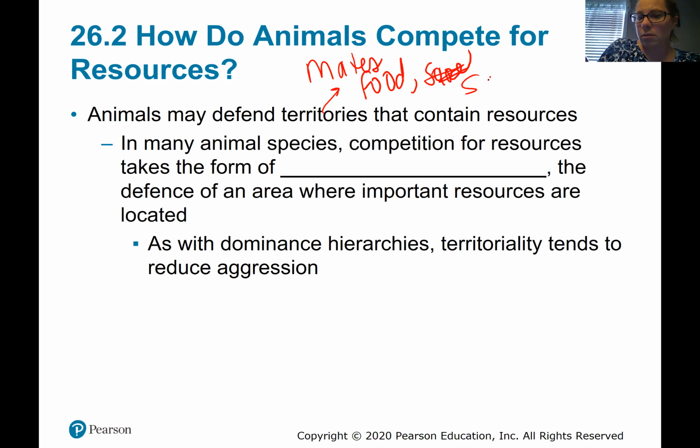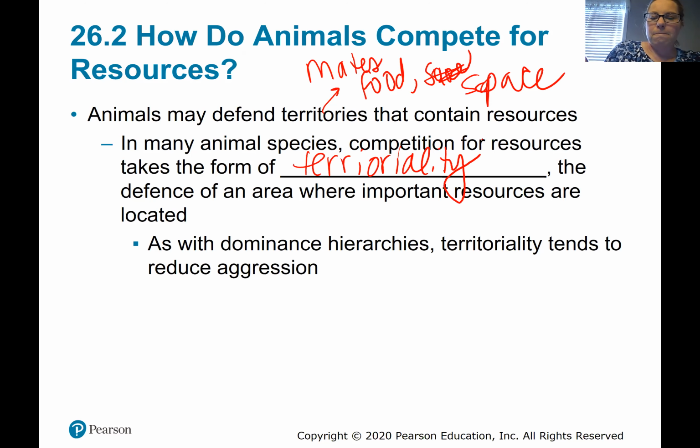That's a space. Okay, and that's where their resources are going to be. And so to stop fighting, making the hierarchy, having those aggressive competitions all the time, they form that territory, and the territoriality can lead to a reduced set of aggressive behaviors.